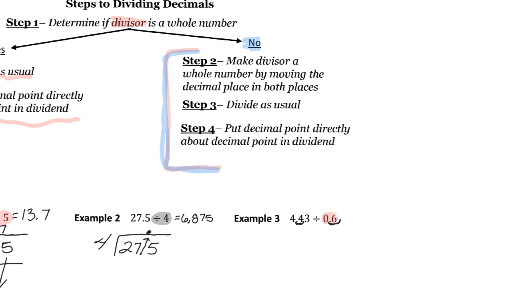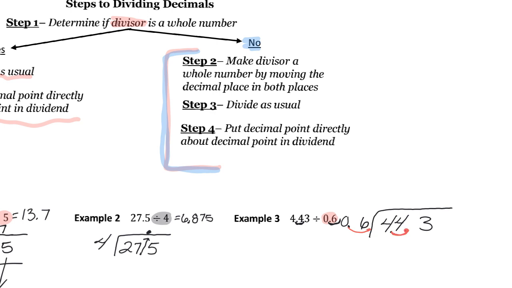So now this 0.6 really becomes a 6. That goes outside the division bar. And that 4.43 really became a 44.3. So we moved it over once.